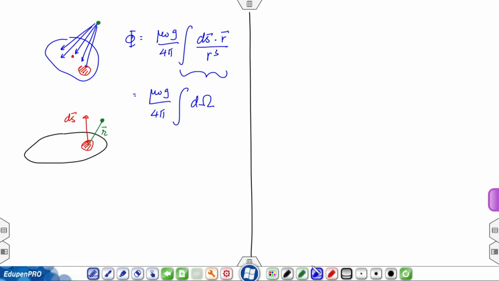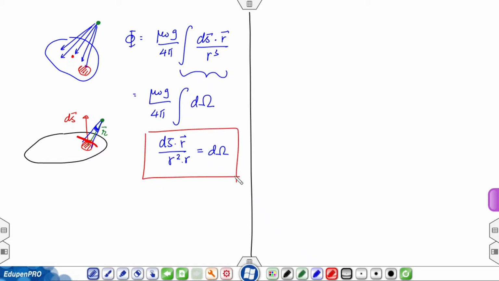Then the solid angle formed is this right here, shown by blue, by the projection of area perpendicular to r, and that projection comes out to be ds dot r. Right. So, projection of that area is ds dot r divided by r square times r, because I want to multiply by that r unit vector, and this is d omega. And this is what I have used.